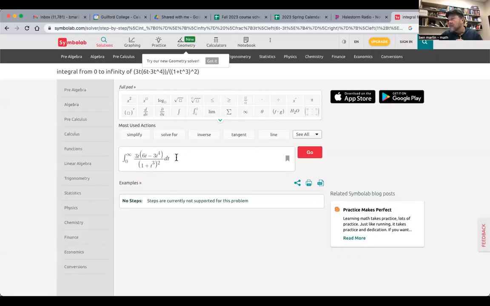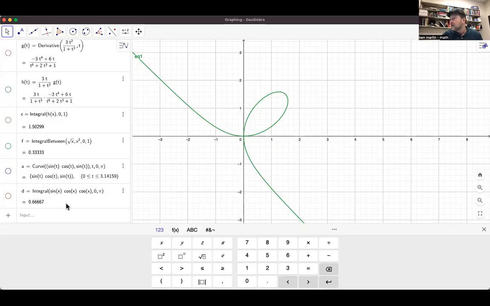I'm going to share screen to get over to here. I went to Symbolab and told it, here's that thing I need to integrate. And it told me, nope, we do not support those steps in this problem. And I don't want to do this one by hand though. So I ended up going back to GeoGebra for it.